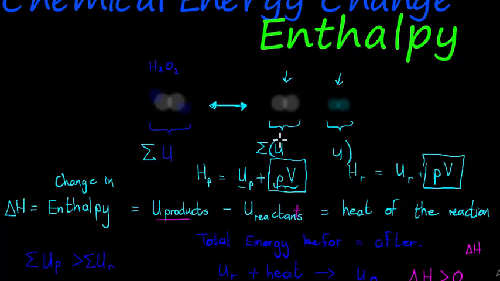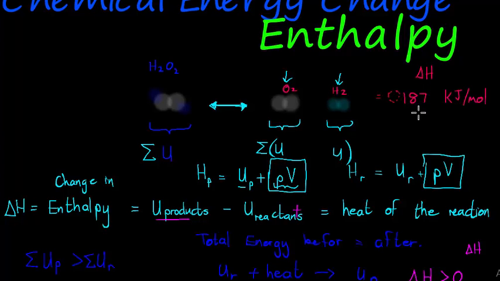The enthalpy for this reaction is about 187 kilojoules per mole, with a capital J. Which means that for every mole of hydrogen peroxide that is broken up into oxygen and hydrogen, 187 kilojoules is needed. Now notice that it's positive, and this is the enthalpy.